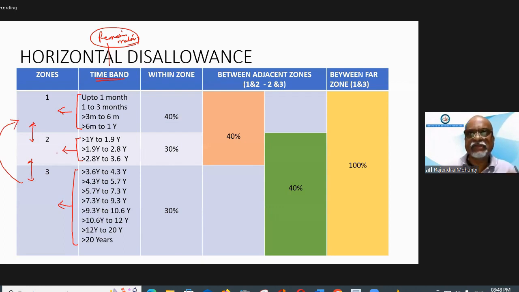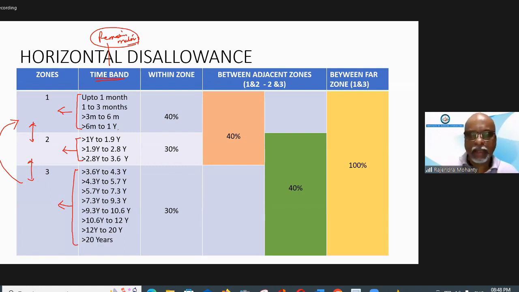There are 3 zones, so it can happen between 1 and 2, 2 and 3, and 3 and 1. If such netting happens between these, then the horizontal allowance will be applicable.